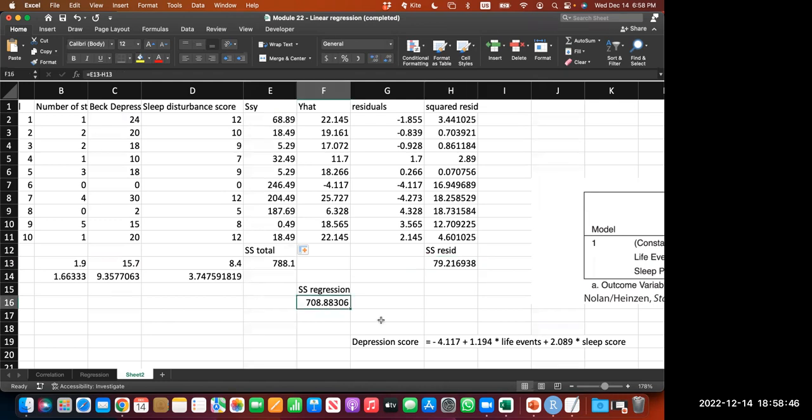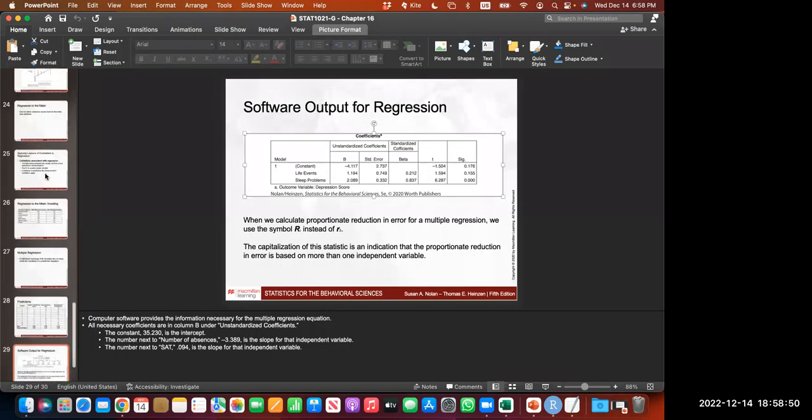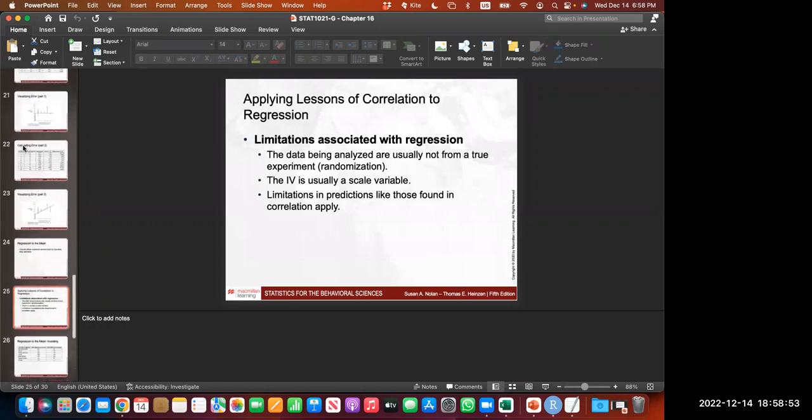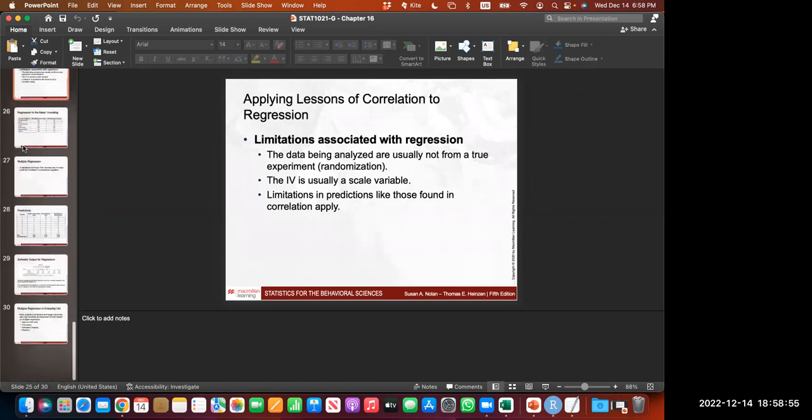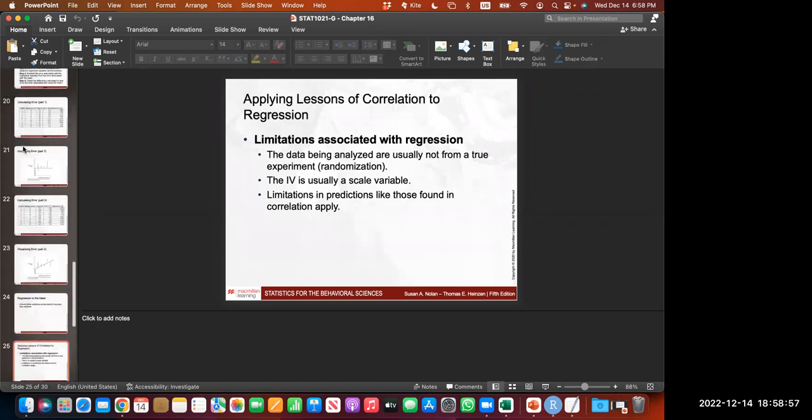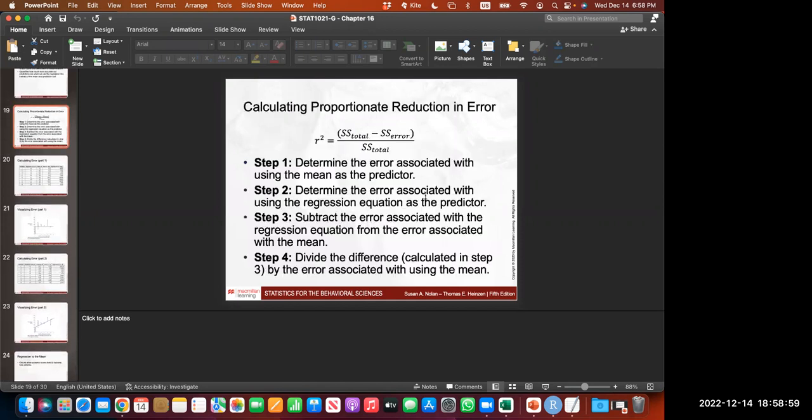So keeping in mind now the calculation of the R squared, which is quantified as the proportion of explained variability of the overall variability. So R squared equals sum of squares total minus sum of squares error divided by the sum of squares total. So this is the proportion of the overall variability that was explained by our regression model.